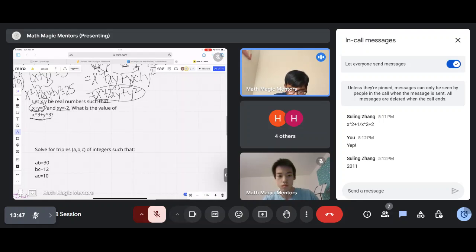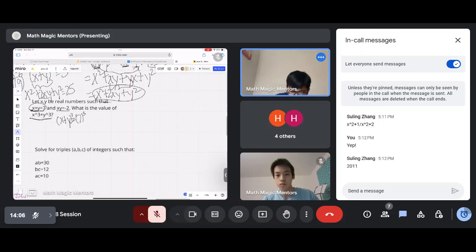In the earlier problems we wanted x squared plus y squared, and squaring x plus y led us somewhere, so I'm going to try the same thing here and cube this expression.